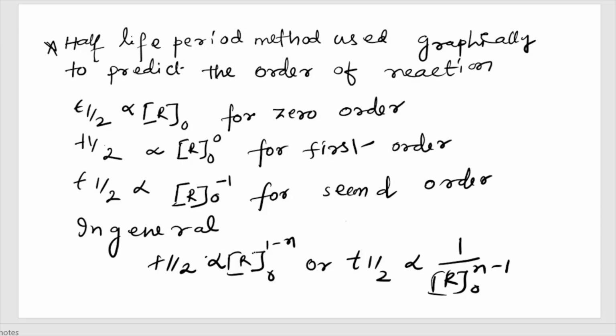In general, you can write T half proportional to 1 by R initial concentration to the power n minus 1.